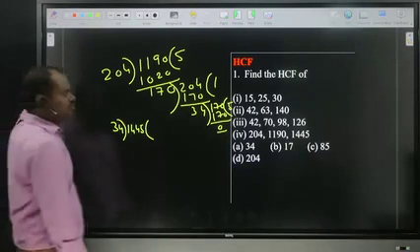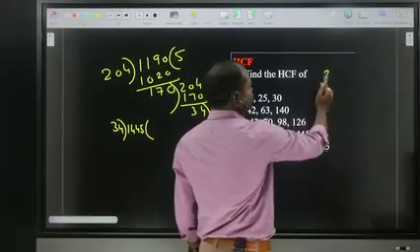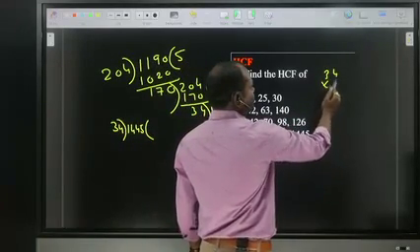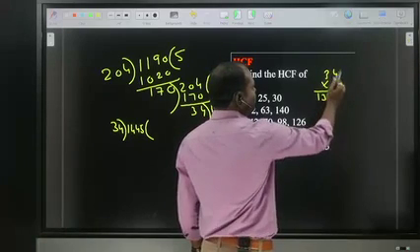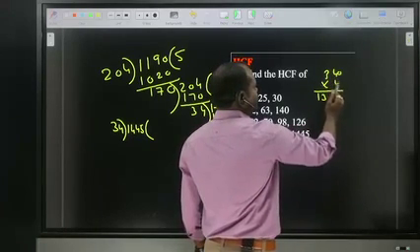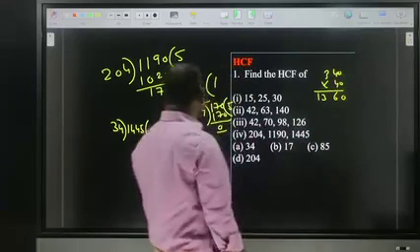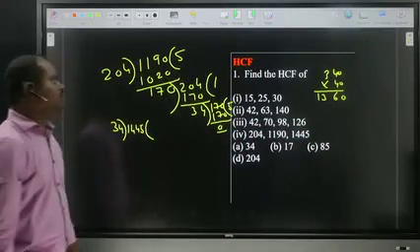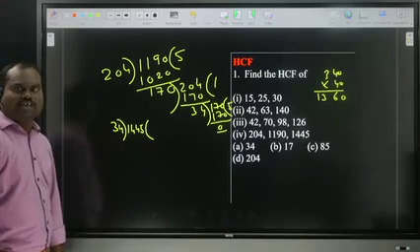34 times 40 is 1360. But our number is more than 1360, nearly 85 more. So roughly we can take 2 times.